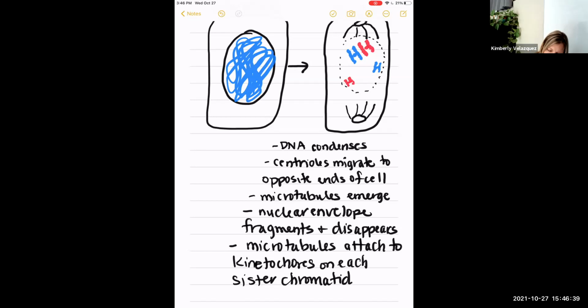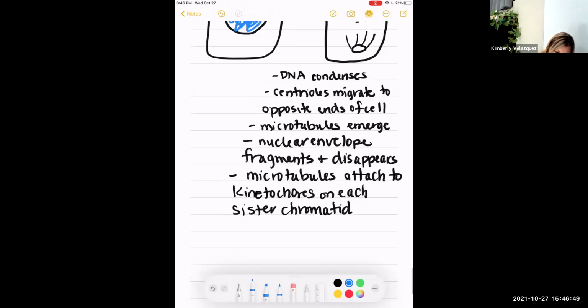So typically, if we were calling this prophase, prometaphase, and then metaphase, right here, where the nuclear envelope breaks down and those microtubules attach, this would be prometaphase.